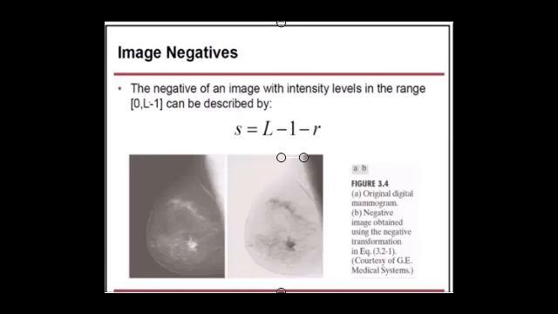In linear transformation we can make the image negative. The negative of an image with intensity levels in the range 0 to L minus 1 is s = L - 1 - r. Here the colors become opposite: whatever is the blackish part becomes white, and the whitish part becomes black.